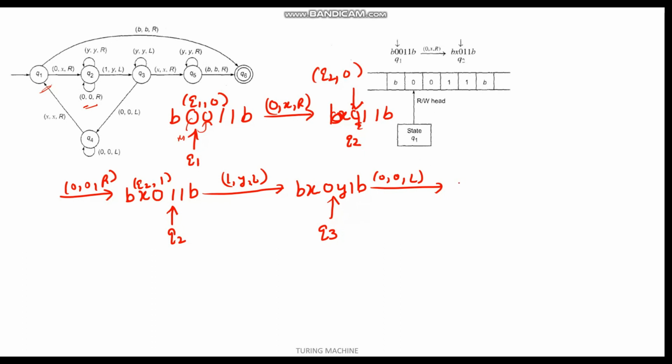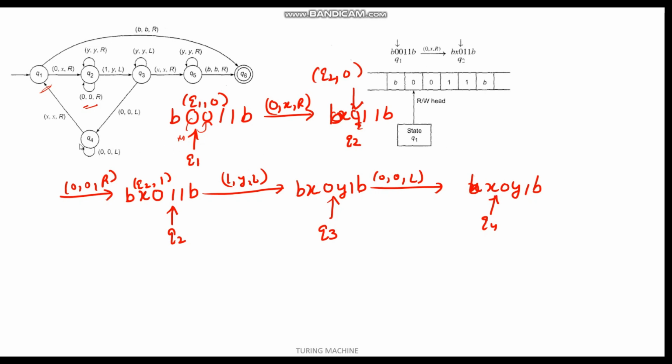So 0 will remain 0 itself, so no need to change any string. b x 0 y 1 b, and head is moving towards left. So what is next to the left of 0? It is this x. So state is, we have seen q4, so we will put q4 over here.